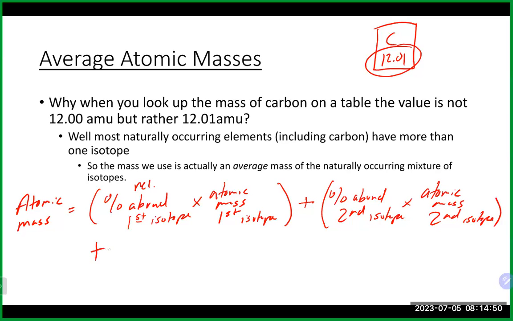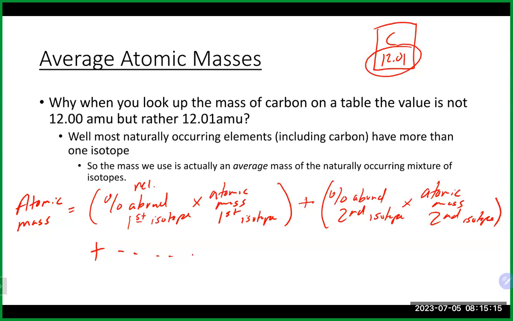And then, depending on how many isotopes you have, you just continue that pattern: the percentage of the isotope times the atomic mass of the isotope, and add them together. This will give you pretty much the values that you see on the periodic table for those average atomic masses. Obviously a little bit off with some rounding, but that's typically how those numbers come about.